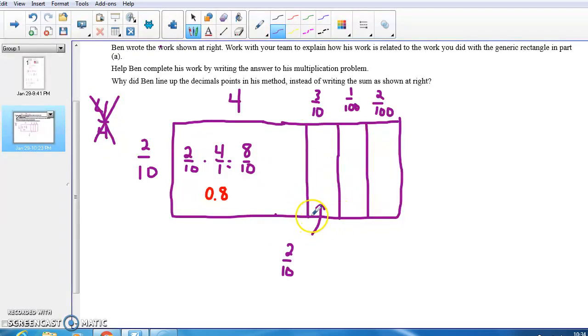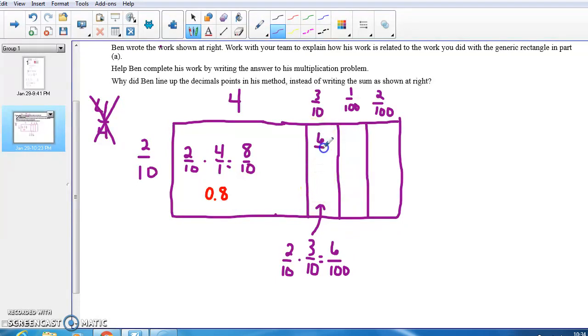The base of it, right here, is going to be the same as this. So we're going to take 2/10 times 3/10. If we multiply across, we know that 2 times 3 is 6, and 10 times 10 is 100.